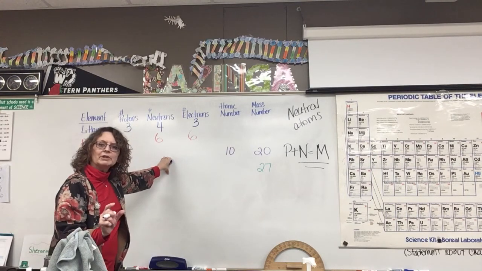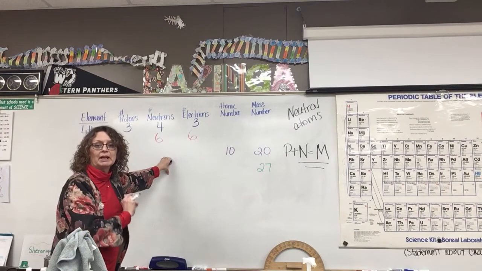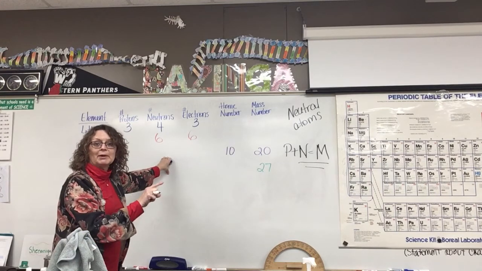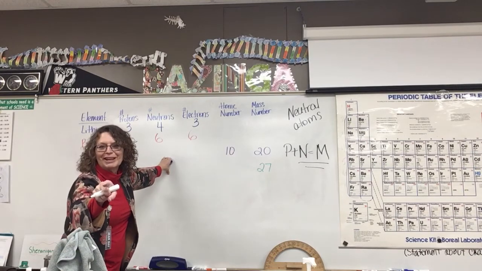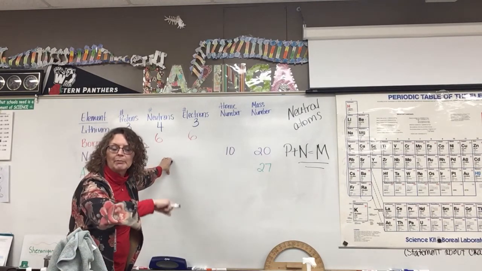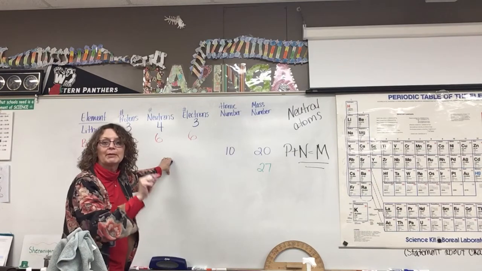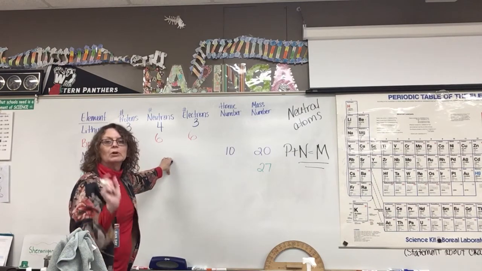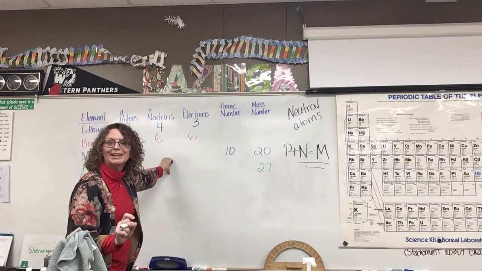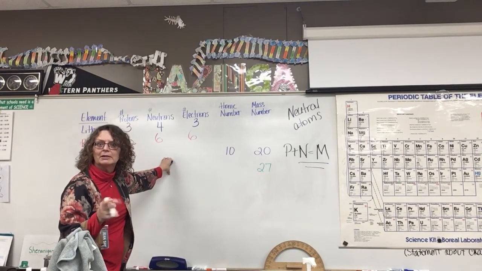So once you know the atomic number, the number of protons, or the number of electrons, you know 3 of the numbers. Because protons equal electrons equal atomic number in a neutral atom. Isn't that easy?